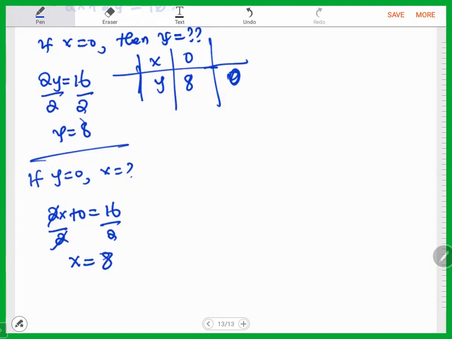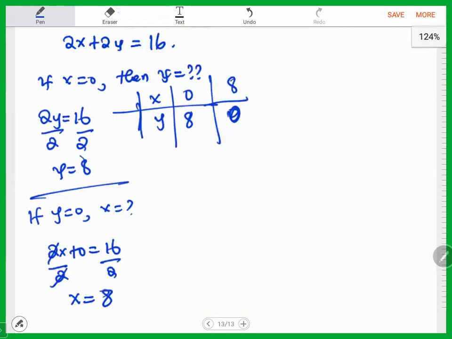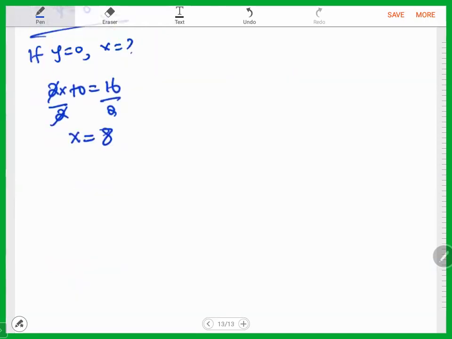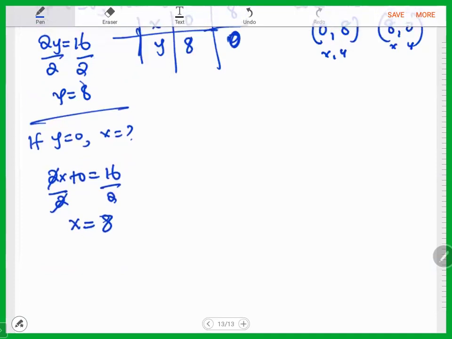So our coordinates are 0, 8, remember this is x, y, and 8, 0, x, y. We are going to plot those 2 points. Where the 2 meet, we shall be in a position to obtain our x and y.